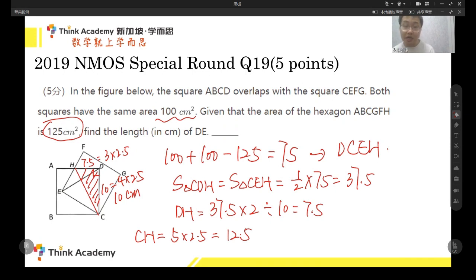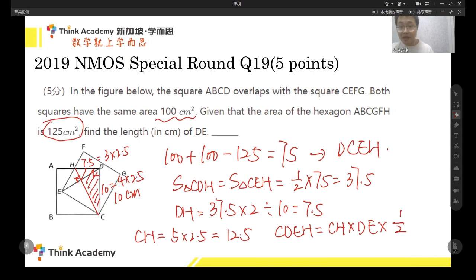So we get the length of CH. But what about DE? I mentioned that there is symmetry in this figure. As D and E are symmetric points, DE should be perpendicular to CH. Then for a quadrilateral whose diagonals are perpendicular, the area of CDEH can be calculated by the product of CH and DE and then halved.